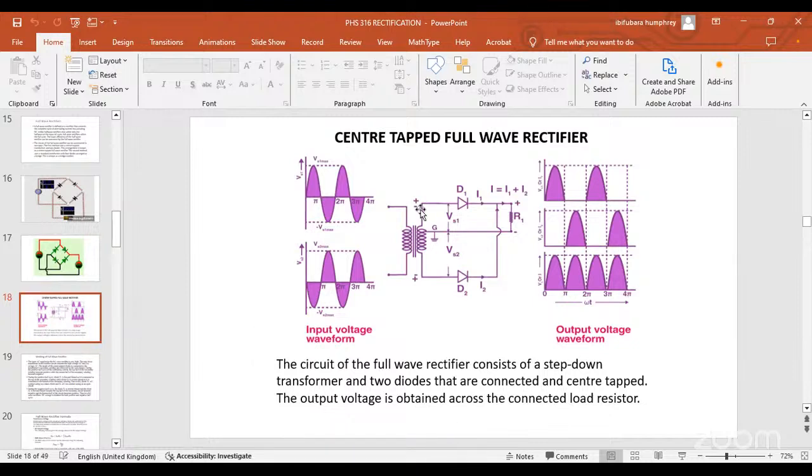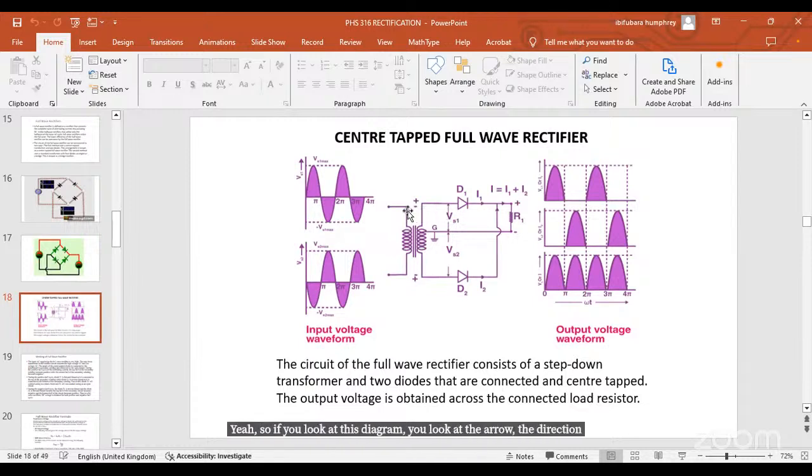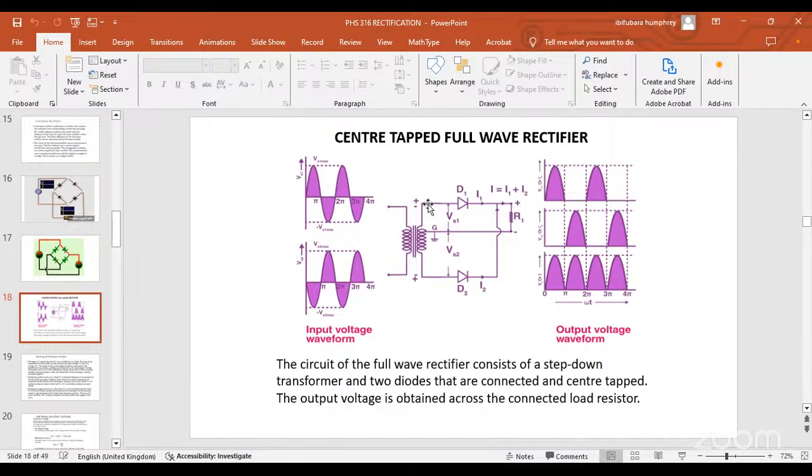If you look at this diagram, at the direction of the arrow, you will see that for diode 1, when it's at the positive half, the arrow of current moves. Diode 2 is reverse bias in that way, so the current will not flow through that.